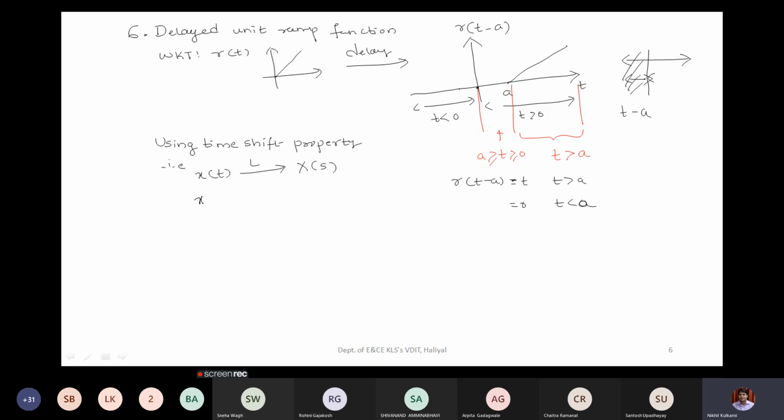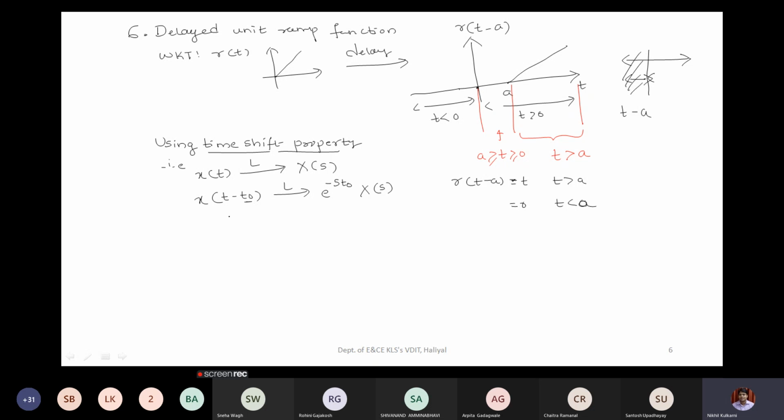If you have a shifted version, something like x of t minus t naught, and you apply the Laplace transform to this, by the time shift property, which we will see in the coming sections, it says the Laplace transform of the time shifted version is given by e to the power minus s t naught into X of s. This is the standard property.